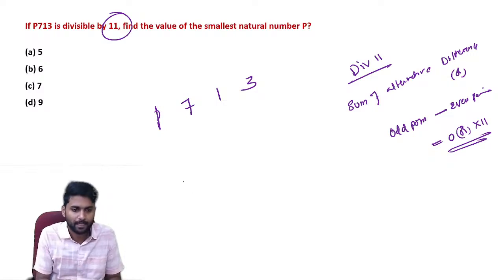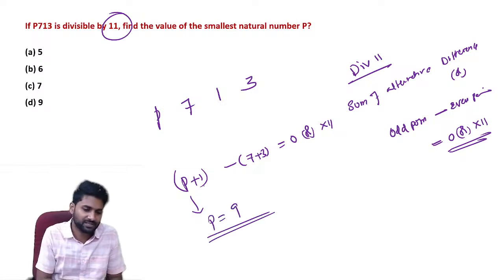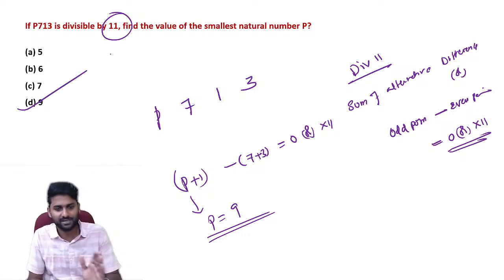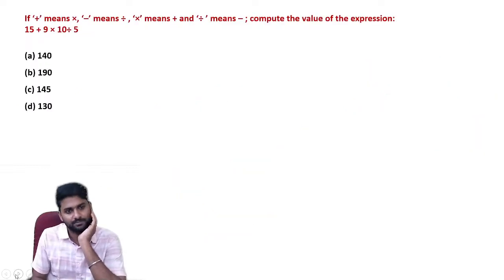It means P plus 1, 7 plus 3, we require 0 or multiples of 11. So if you want 0, then you can directly replace P is equal to 9. 9 plus 1 is 10, 10 minus 10 is 0. Then the smallest natural number P is 9.